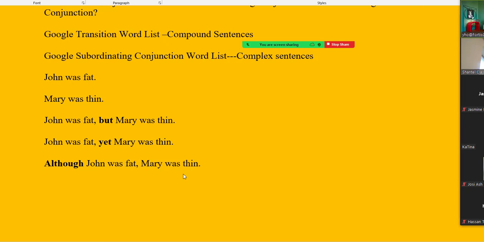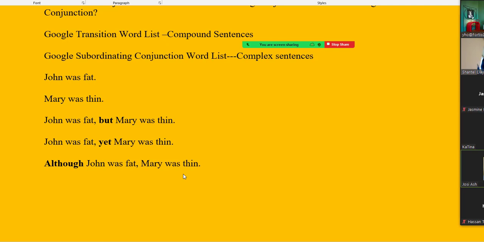That's important, actually, because that way, you know the difference. With that although, what kind of conjunction is although? Anybody? It's not a coordinating conjunction because that's FANBOYS.